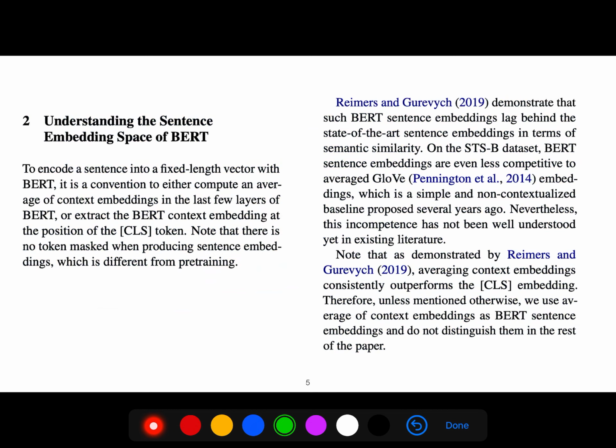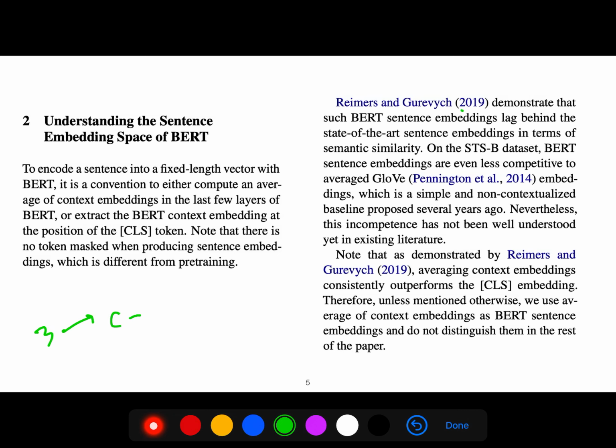To encode a sentence into a fixed length vector with BERT, it is convention to either compute an average of context embeddings in the last few layers of BERT, or extract the context embedding at the position of the CLS token. Of course, there is a third way, and you can use convolution over the hidden layers of BERT, which is more profound.